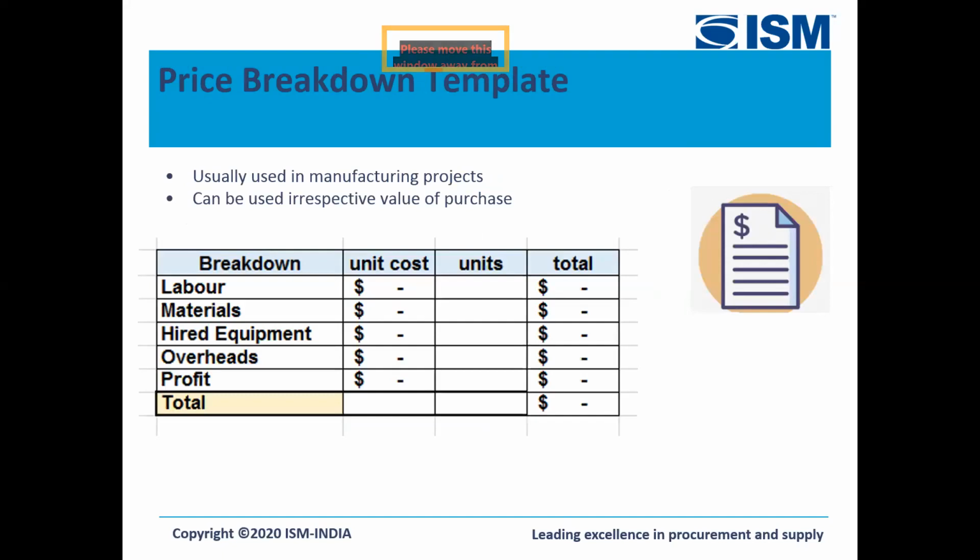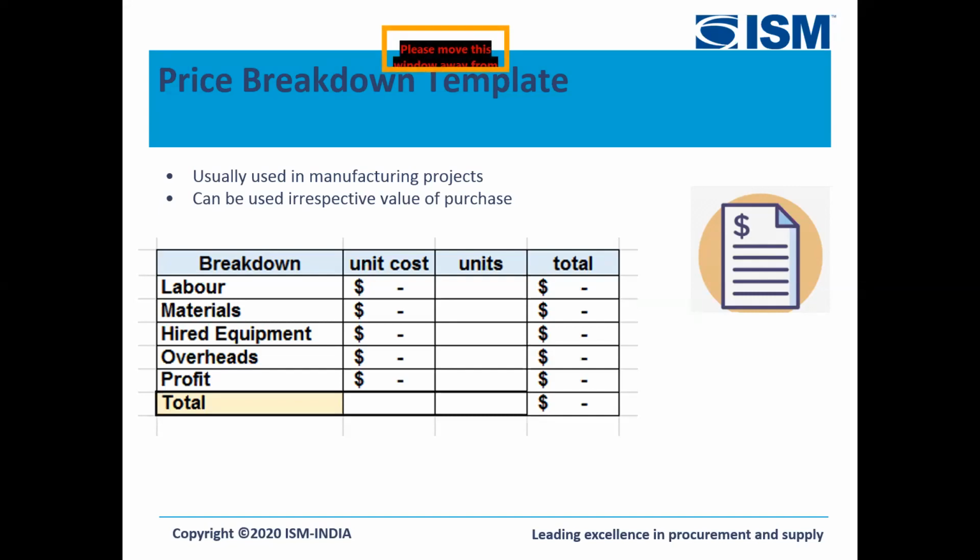Moving on, when we are able to understand what the supplier is, what our strategy would be around the supplier, and when we are clear about what the supplier perceives us as, then we think about the how. When we do RFQs, we talk about a price breakdown template.